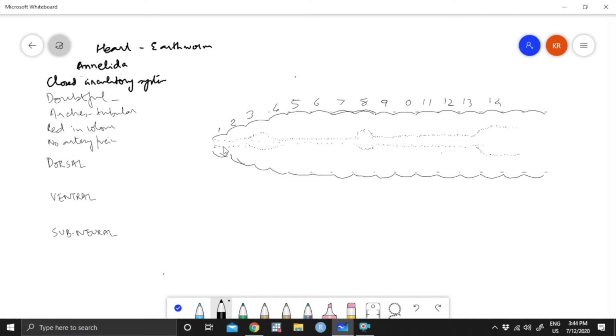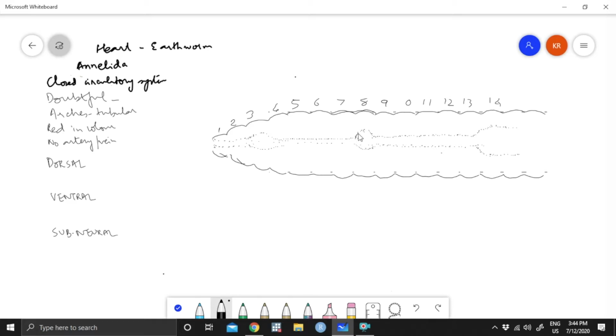So again, the outline of the diagram has already been drawn over here. You can see that we have tried to put the segment numbers. The heart is inside the anterior part, and therefore only the anterior part has been drawn, from segment 1 to 14 only. So heart is located only in 1 to 14 segments. And the outline that you see over here is that of the digestive system.